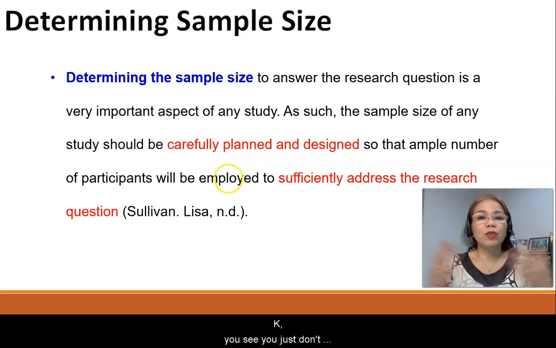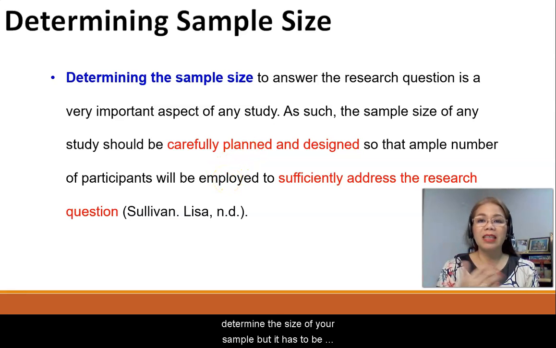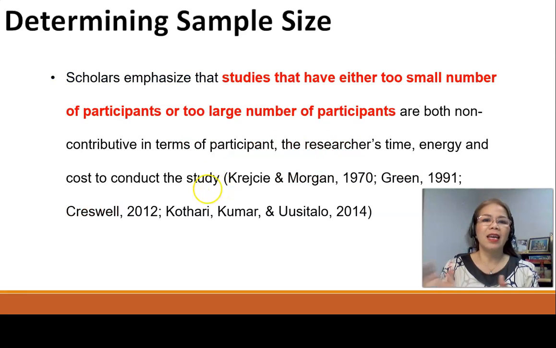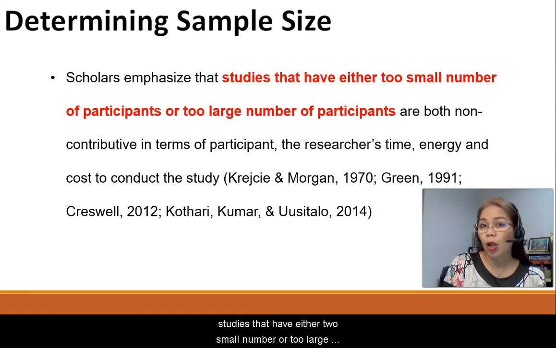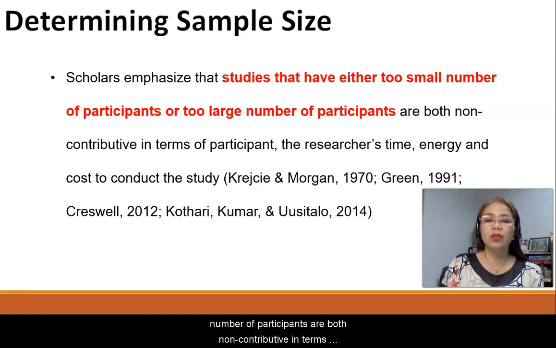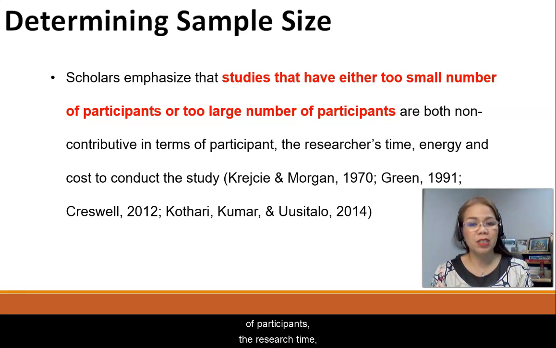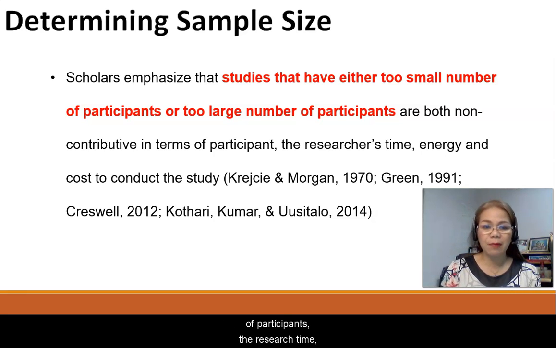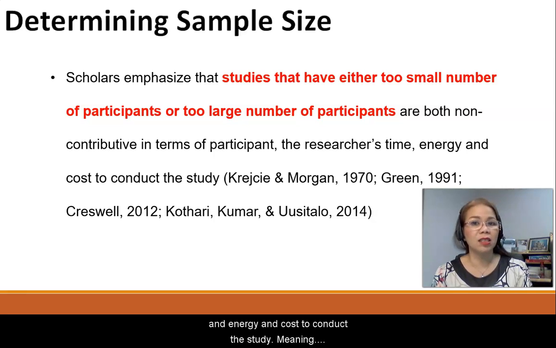You just don't pick the size of your sample, but it has to be carefully planned. Now, scholars emphasize that studies that have either too small or too large a number of participants are both non-contributive in terms of participants, the researcher's time and energy, and the cost to conduct the study.